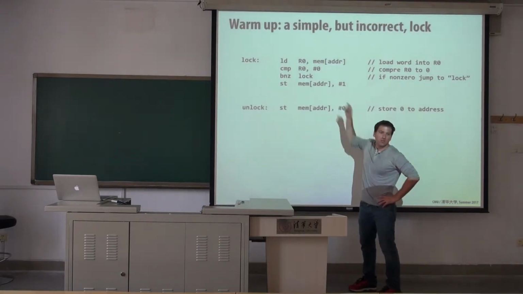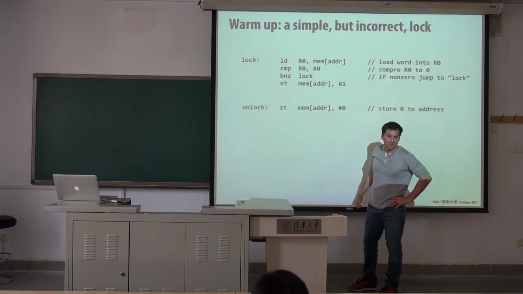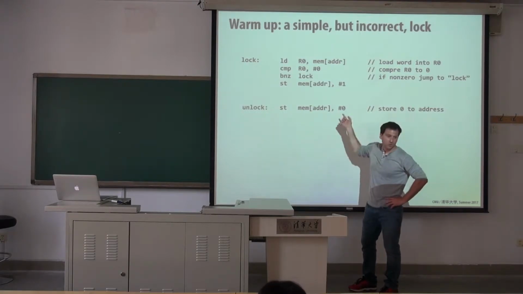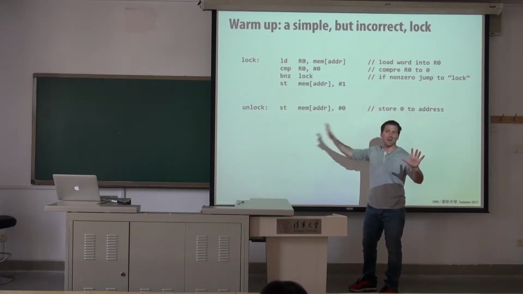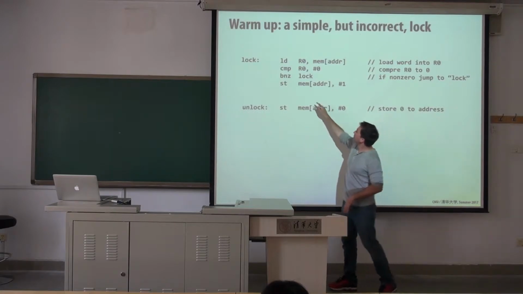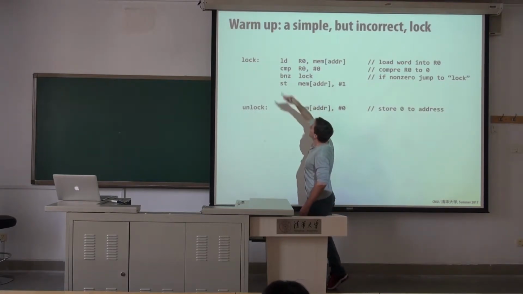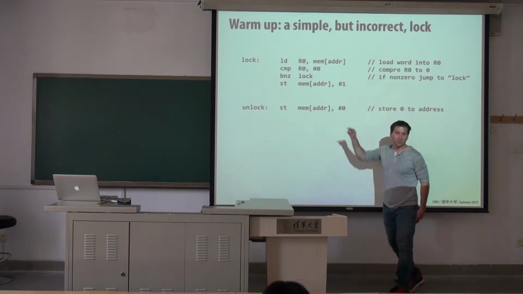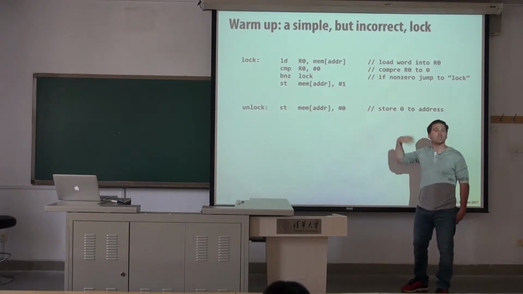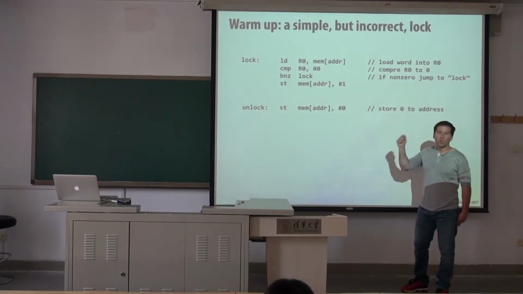And if the result of the comparison is non-zero, meaning R0 not equal to 0, we are going to branch back up to the top of the assembly code, so jump back to the top of the lock. This is just assembly code to say, while R0 is not 0, load the value from memory into R0 and check again.